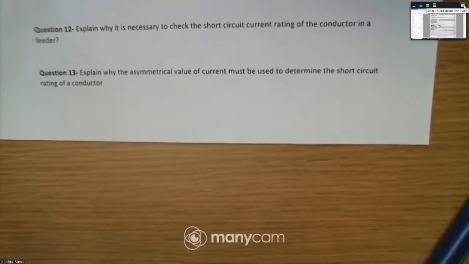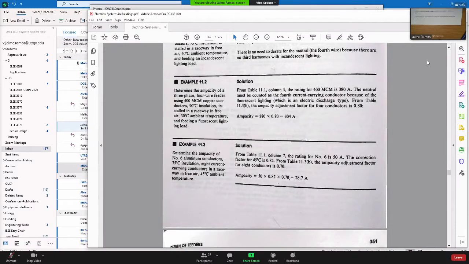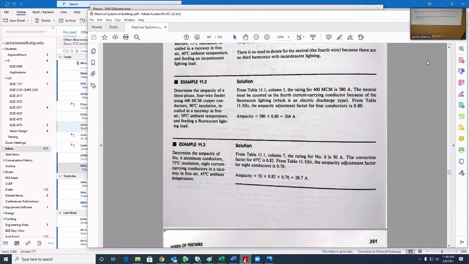Conductor material, conductor. Okay, so then we go to page 352.